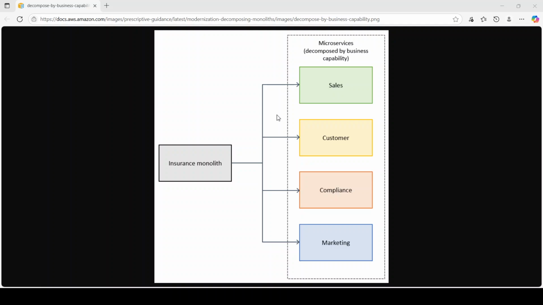the insurance company benefits from a 30% faster onboarding process in sales because it's an individual component. It benefits from reduced downtime for customer management, because it gets touched or rebooted only when we need to do a deployment on the customer management segment alone.